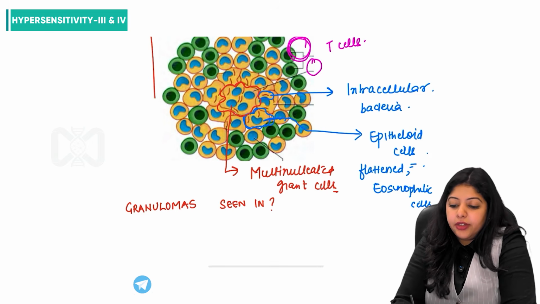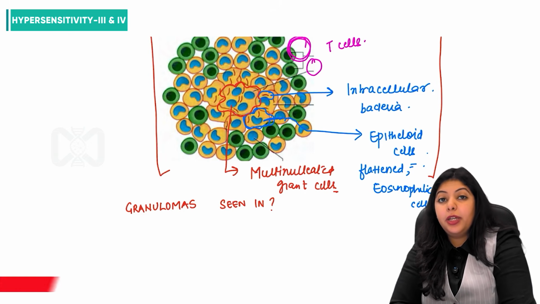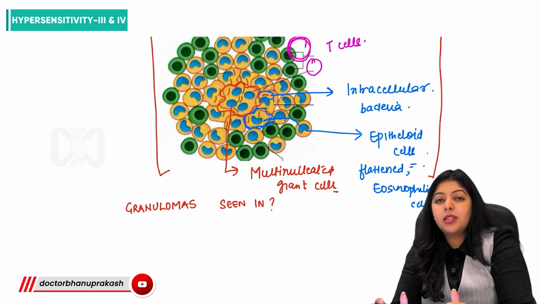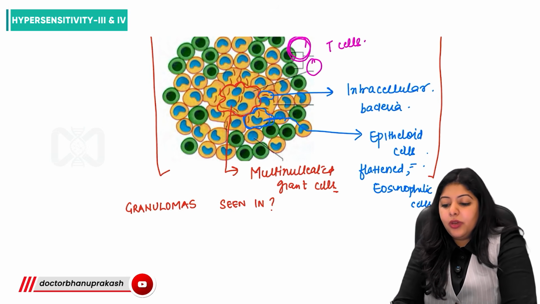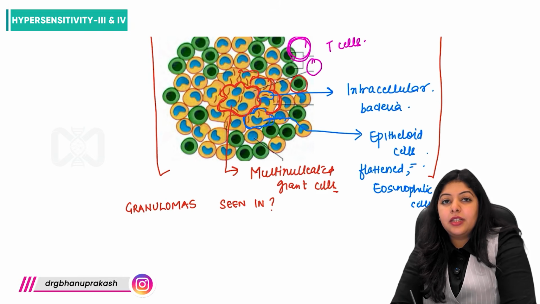This whole amalgamation of multiple types of cells leads to formation of granulomas, and this particular formation is the granuloma, right? So inside we have multinucleated giant cells which are lined by epithelioid cells, right? Then we have T cells, right?